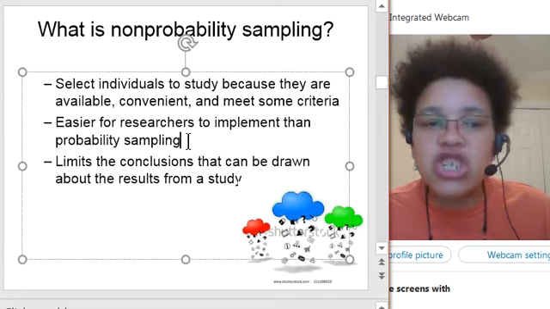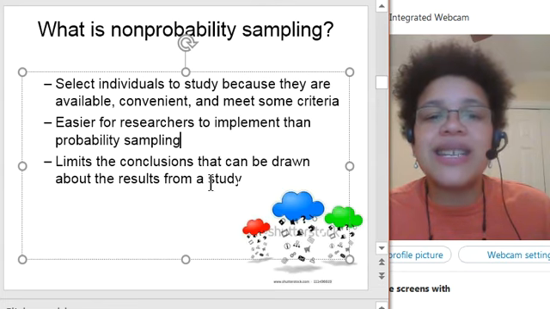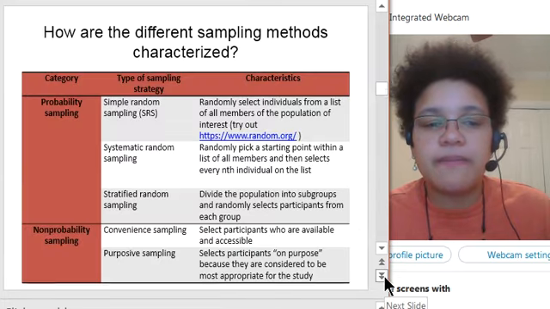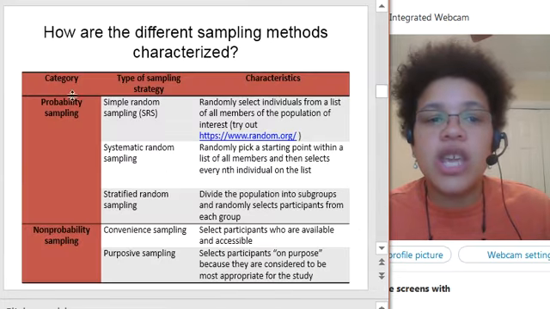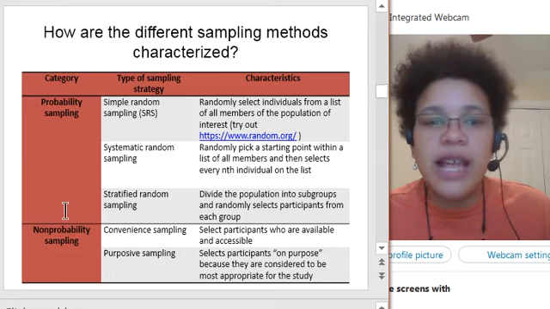But in general, non-probability sampling is easier for researchers to implement than probability sampling. It limits the conclusions that can be drawn about the results from a study because the sample is not necessarily representative of the entire population.